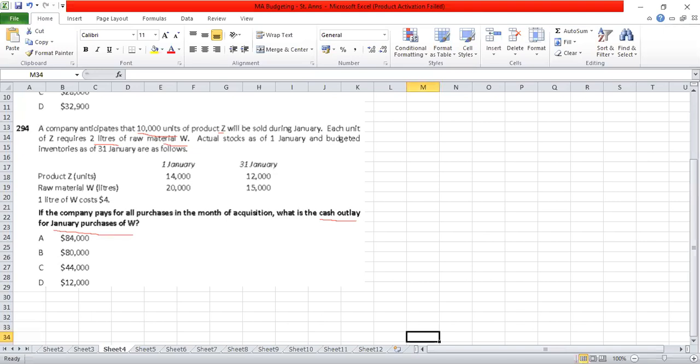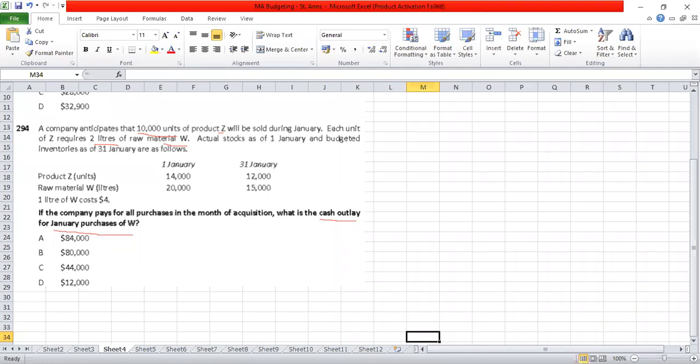If the company pays for all the purchases in the month of acquisition, in that same month they are making the payment. If all the purchases are paid in the month of acquisition, what is the cash outlay for January purchases of W?